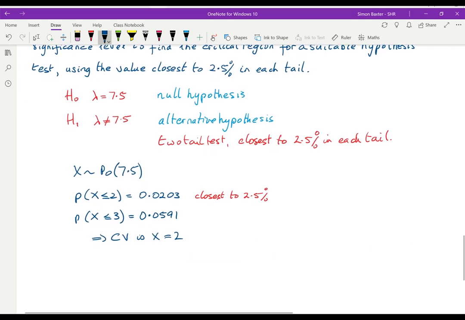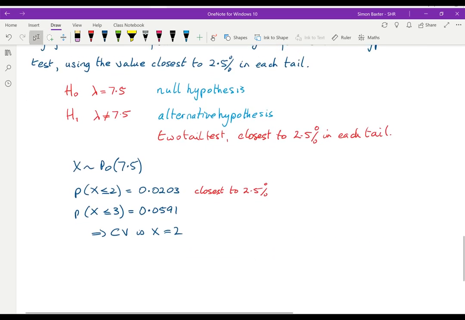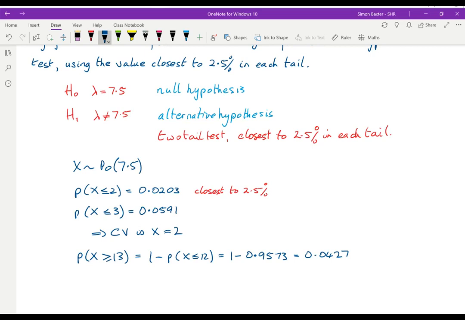Let's look at the other end. We start looking in the tables, and we find that a good place to start is X greater than or equal to 13. Doesn't matter if you don't get this best value straight away. You can always get there. 1 minus P(X less than or equal to 12) is 1 minus 0.9573, which is 0.0427. That is greater than 2.5%.